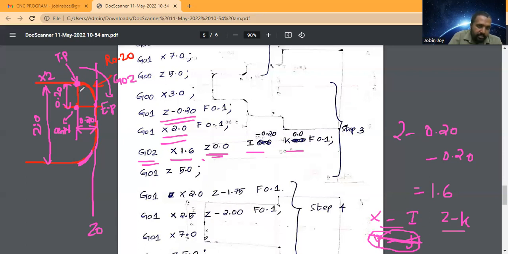So I will enter the X parameter I as minus 0.20, K as 0.0, and F as 0.1. So this arc will be developed here, and this is the safe distance. That means Z is equal to 5: 0, 1, 2, 3, 4, 5. There will be some gap between the workpiece and the tool. So that arc is completed.